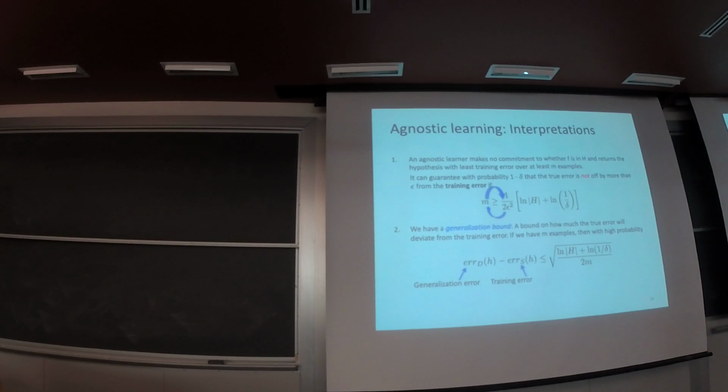So from this bound, what can we observe? Any idea? What can we observe about this generalization error bound? If we have more training examples, what will the bound change?